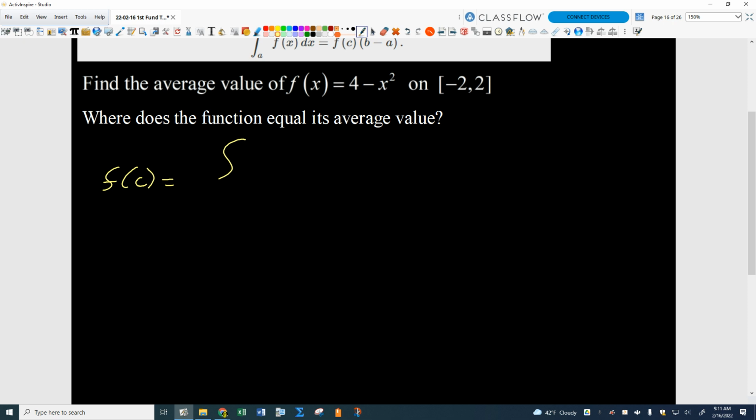So we're going to do the integral of 4 minus x squared from negative 2 to 2. There's our total area divided by 2 minus negative 2. Okay, well, on the top, what's that antiderivative?